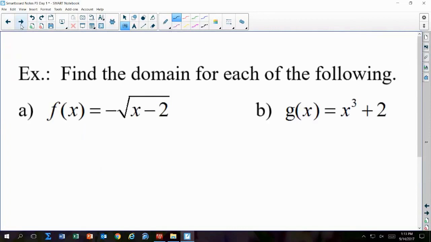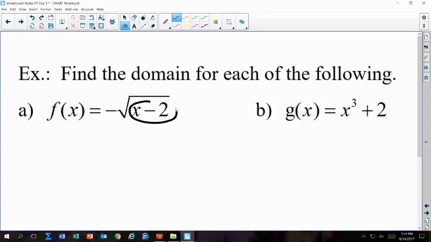So in these examples, we're going to find the domain for each of the following. In part A, why is there a red flag there that we're going to have a domain restriction? What do I see? I see an even root, right? It's a problem because we have a square root here.